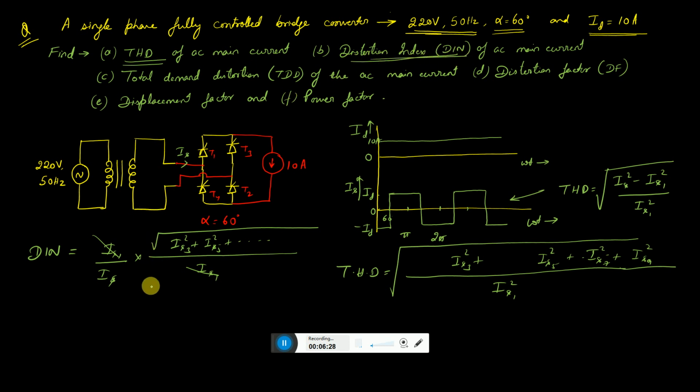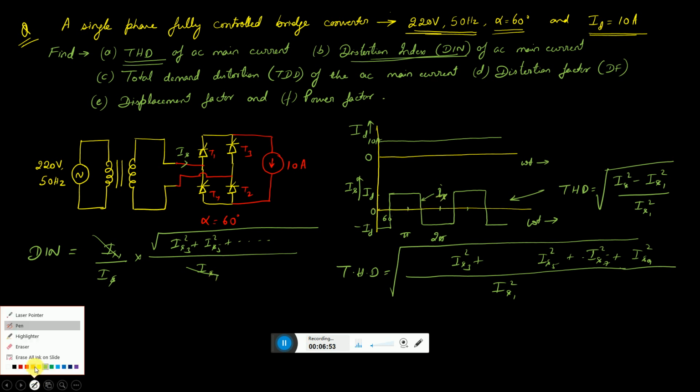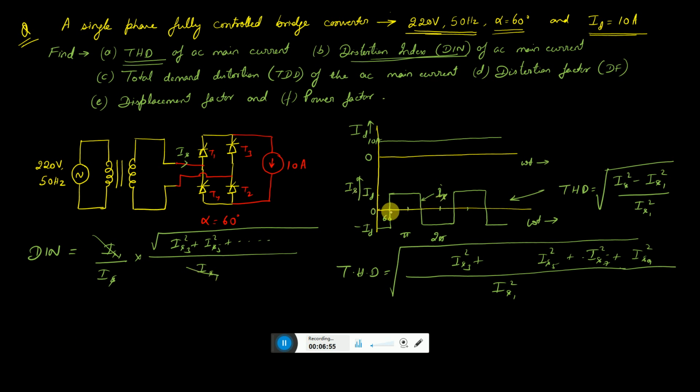Okay, so what we need to know right now is the value of IS here. We know from our experience that IS is the current, this square wave, and the fundamental component of it I can also represent here.